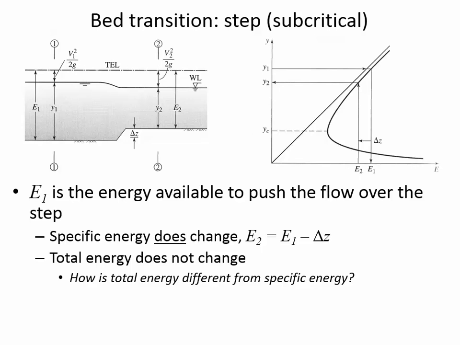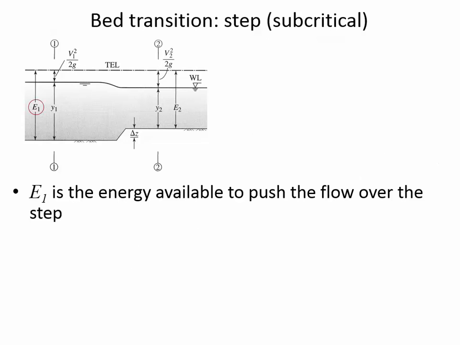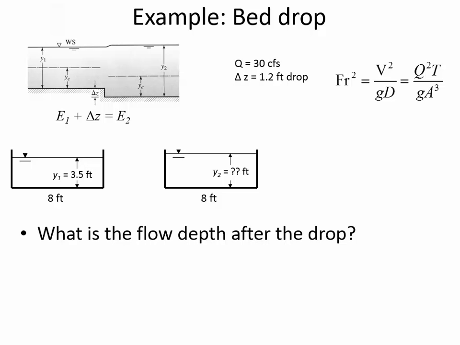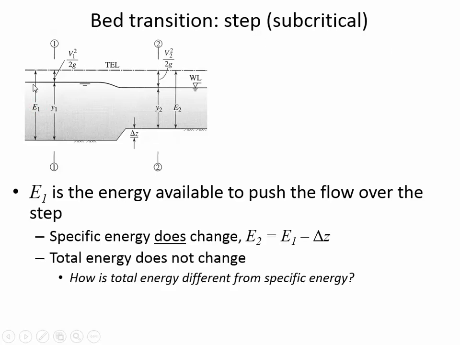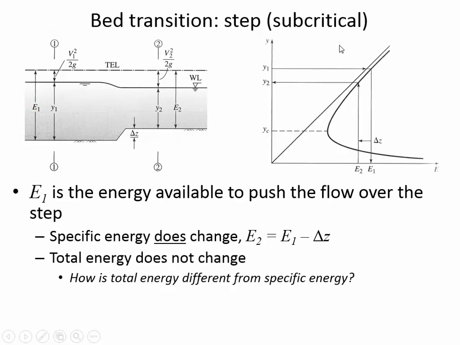Brandon? Why doesn't the water surface respond in a similar way as it did when delta Z decreased instead of increased? Well, it's because it's losing energy instead of gaining energy. And so the response when there was a bed step down was the depth got deeper. And this was subcritical flow. All of the answers really are in the specific energy diagram. When you had more energy, you were on this side of the curve, which made it deeper.